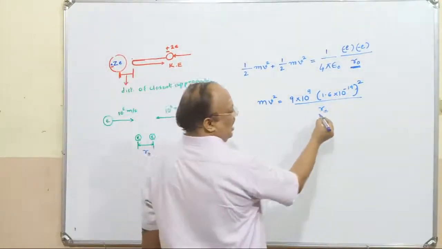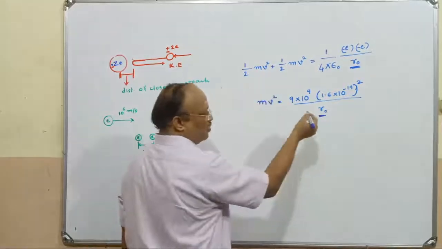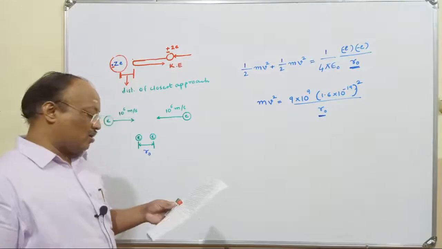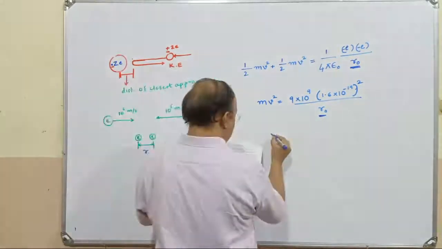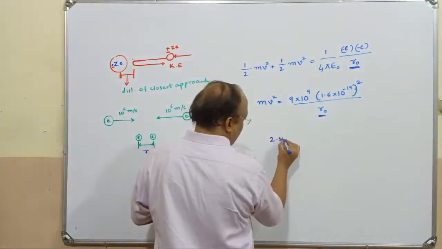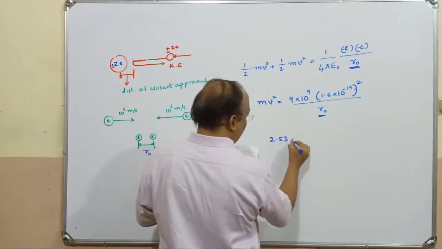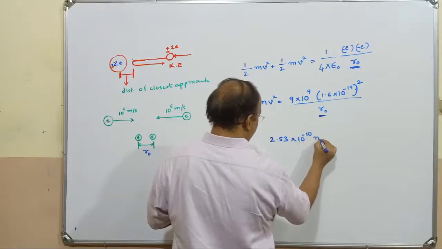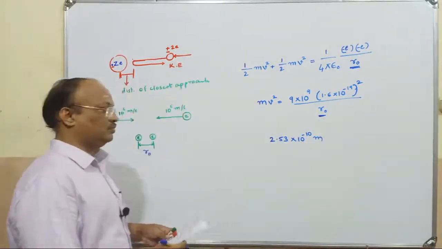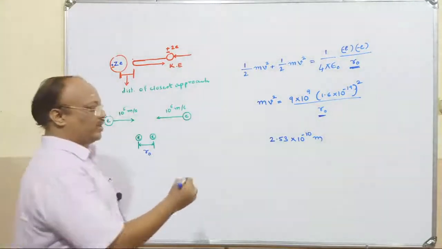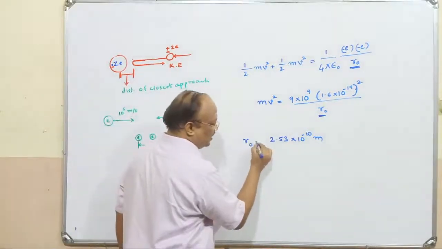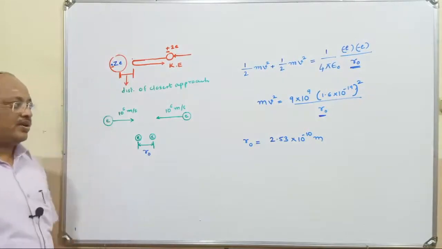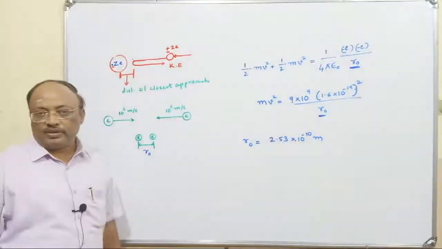So this R0 we have to find out. Calculating for R0, we get this value as 2.53 into 10 to the power of minus 10 meter.